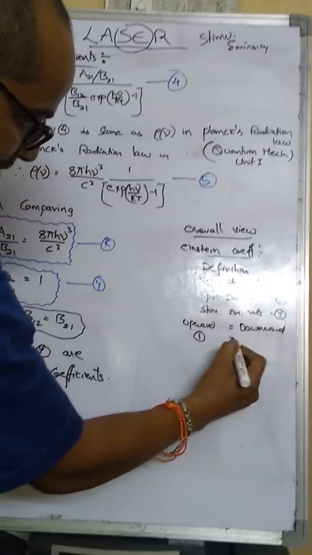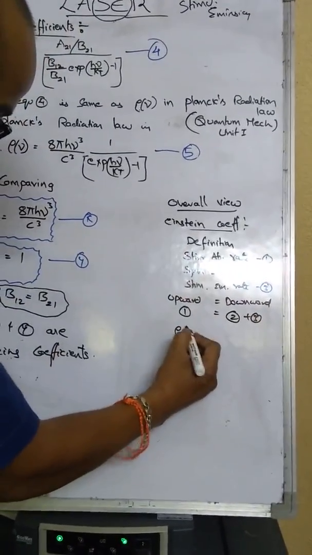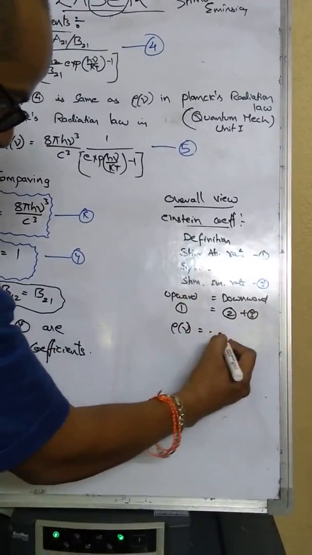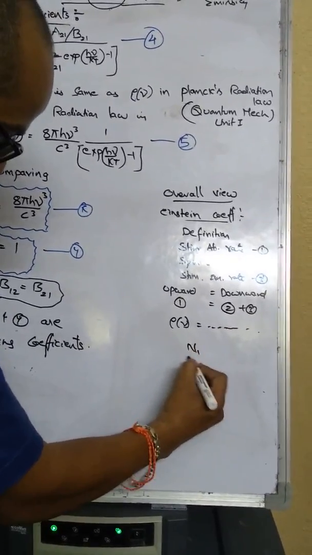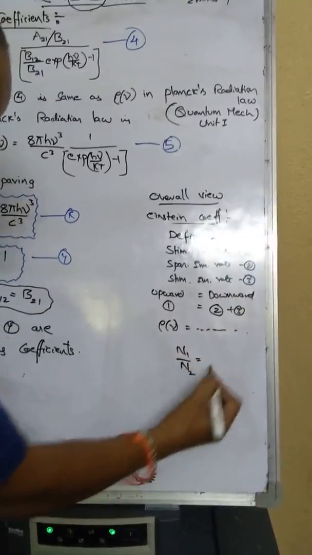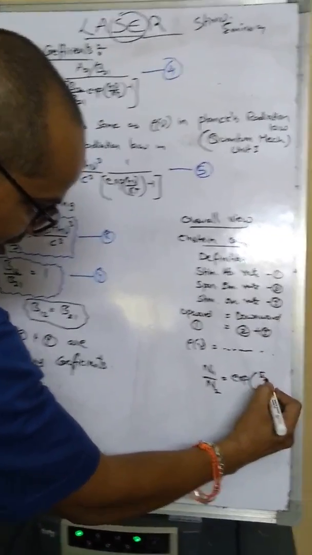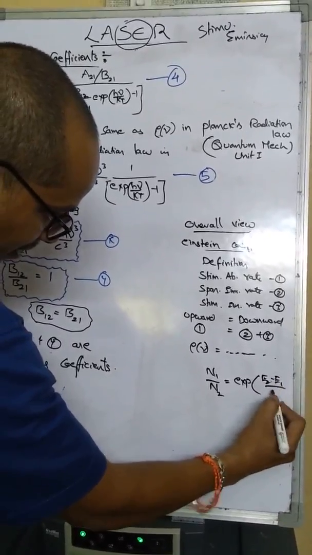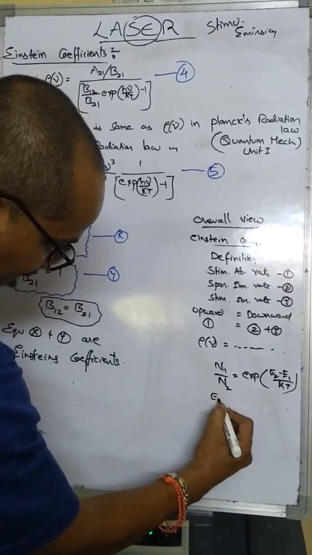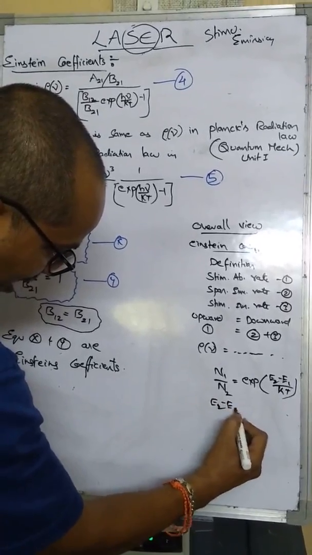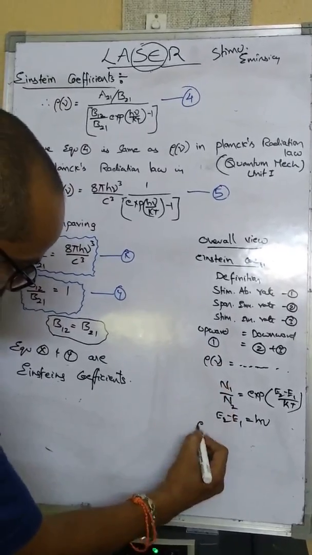Therefore equation 1 equals equations 2 and 3, and we calculated rho nu and got an expression in which we calculated the n1 by n2 value, which involved exponential of e2 minus e1 by kT, and we took e2 minus e1 as h nu and substituted n1 by n2.